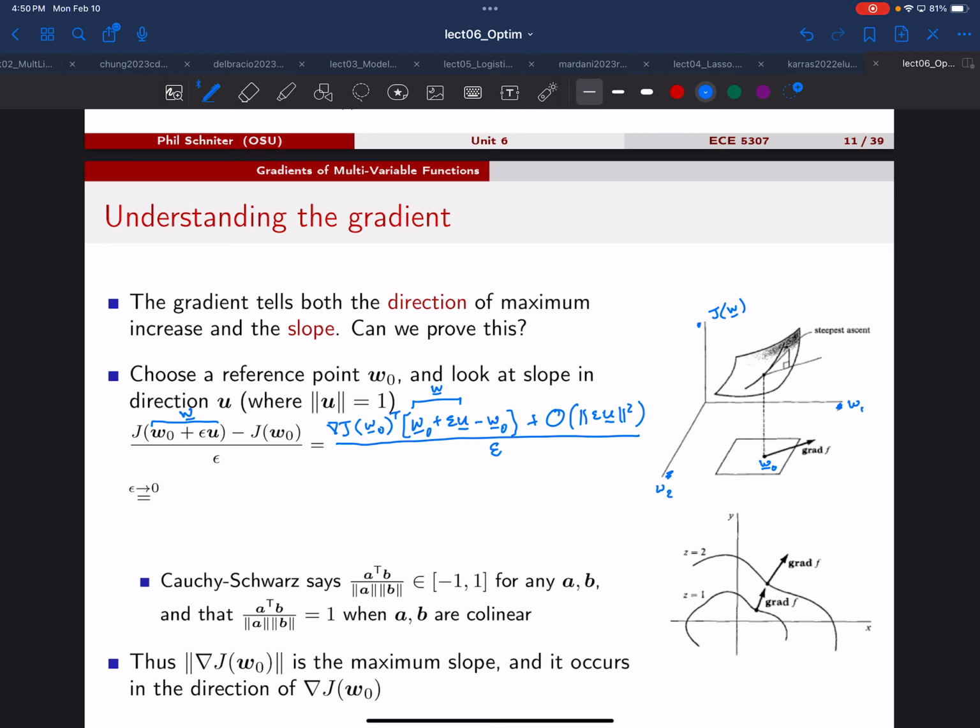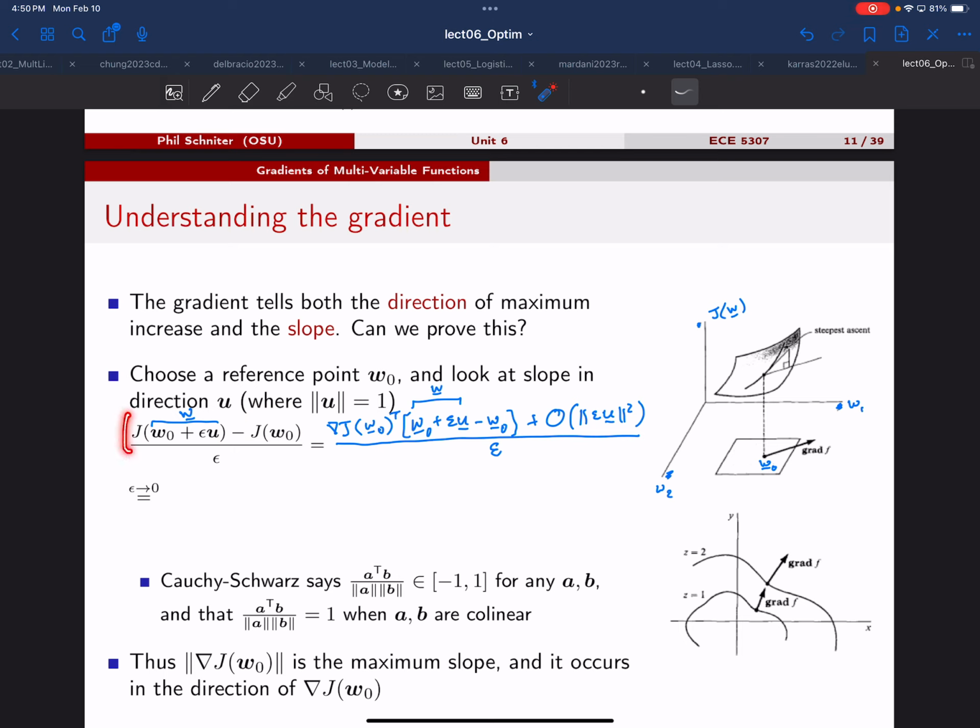Okay, so now that you've had a chance to write things down, let me just explain one more time. If we look at the Taylor series of this term, we're going to have the constant term, J of w naught, but that is going to be immediately subtracted by this, so I didn't include it on the right.